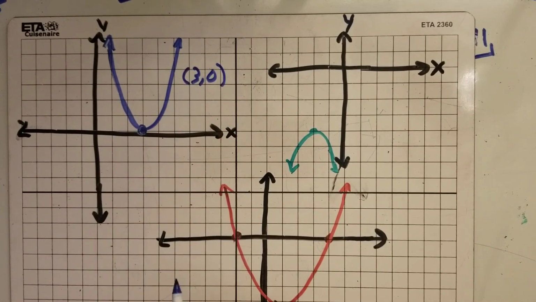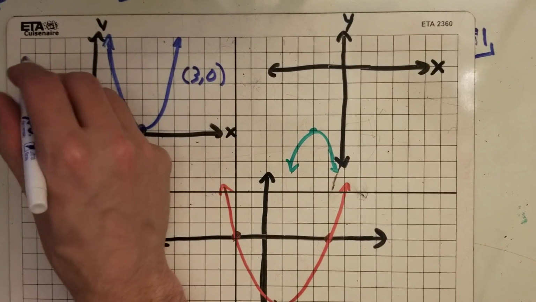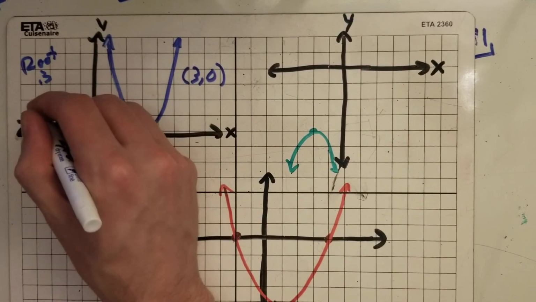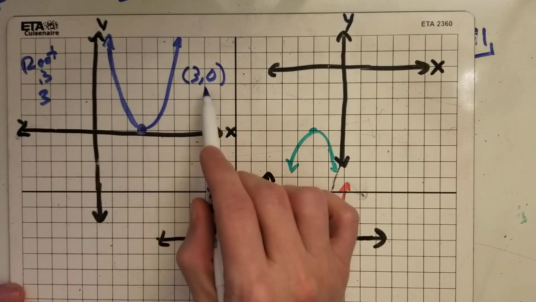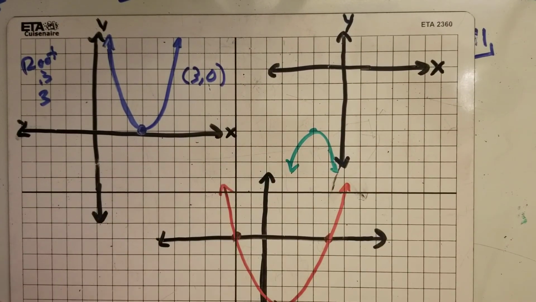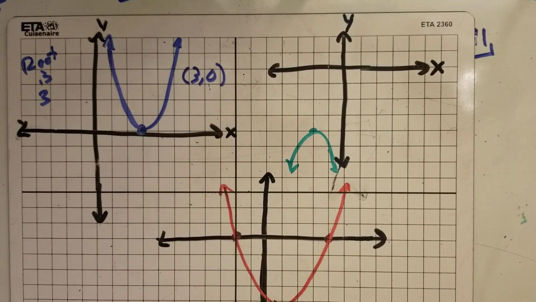X is 3, y is 0. So you could either say 3, 0, or you could just say the root is 3, the zero is 3. By using that phrasing, by saying the root is or the zero is, you're implying that that's where y is 0. So the root is 3, that means you cross at 3, 0.